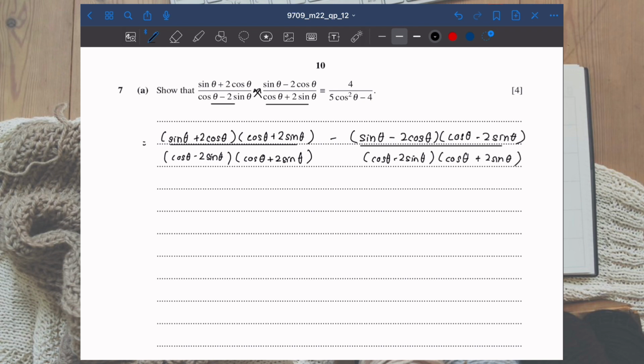Alright, so first let's expand and simplify the numerators.